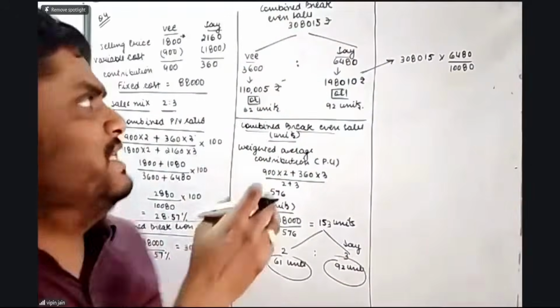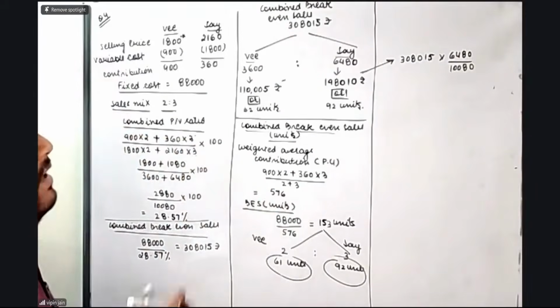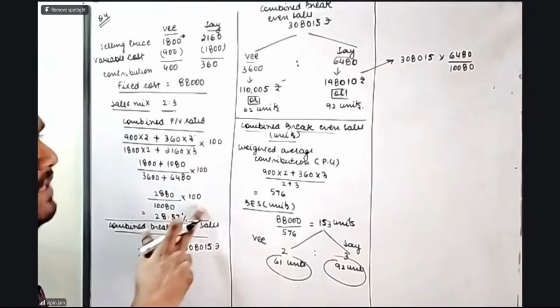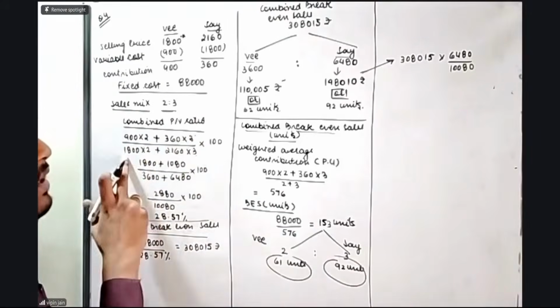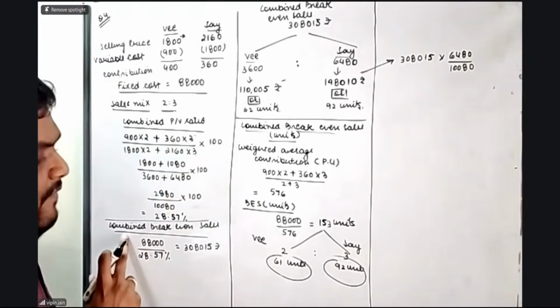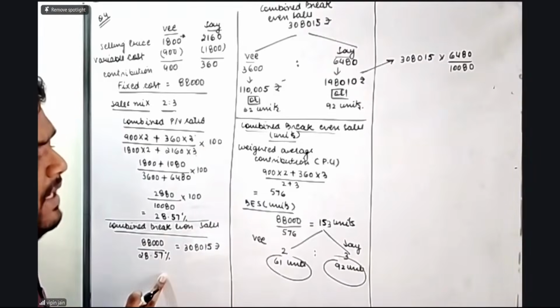So very important, guys, when the question asks you to find out which one is the optimal mix, first thing you need to calculate is the PV ratio, that is the combined PV ratio, wherein combined contribution divided by combined sales into 100. Thereafter, we will calculate the combined break-even sales, that is fixed cost divided by combined PV ratio.